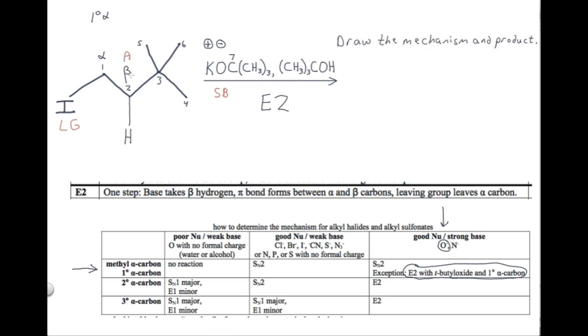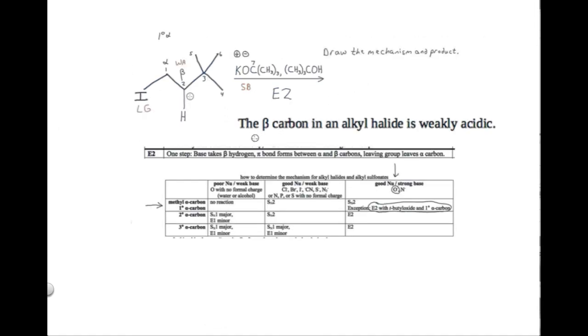Carbon 2 is the acid because it's going to give up its proton. And again, it will be a weak acid. Again, we just need to have memorized that the beta carbon in an alkyl halide is weakly acidic. The starting material is an alkyl halide, so its beta carbon is weakly acidic.